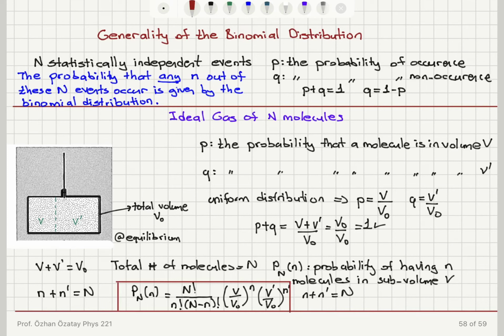Q will be given by V prime divided by V0. What is P? The probability that a molecule is inside volume V. Okay, what is the probability of having n molecules out of capital N molecules in the subvolume V? It is given by the binomial distribution. Combinations of capital N molecules taken n at a time, P to the n, V over V0 to the n, Q to the n prime, V prime over V0 to the n prime, where n plus n prime is the total number of molecules.